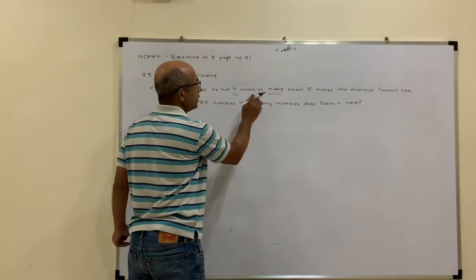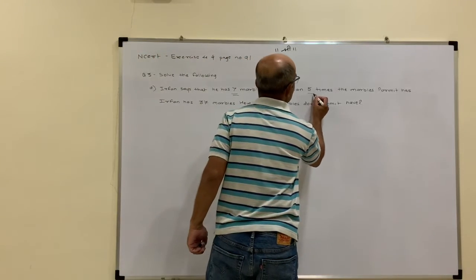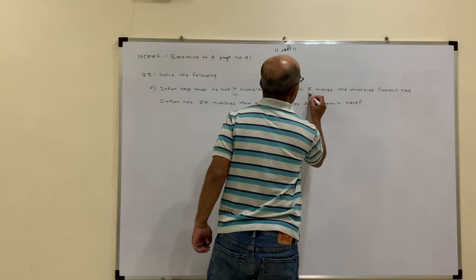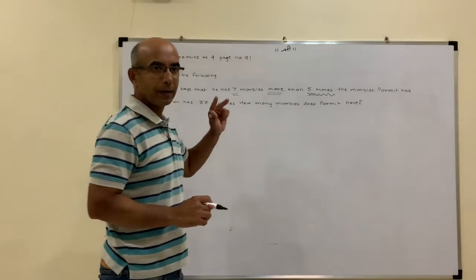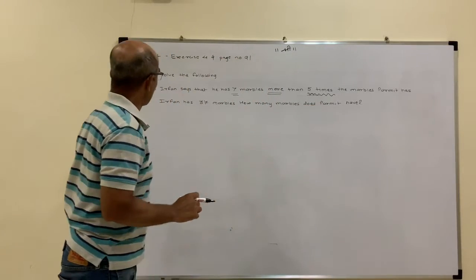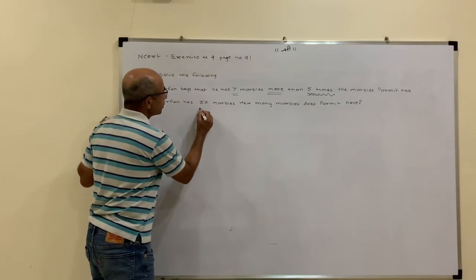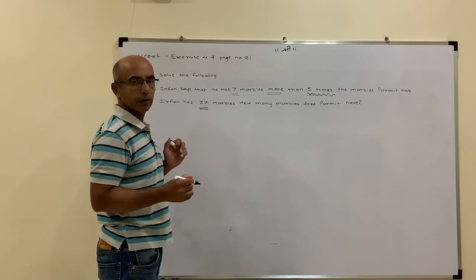So 7 more, that is plus 7. 5 times, that is multiplied by 5. The marbles Paramit has. And Irfan has how many? Total Irfan has, I'll write a triple line, 37.